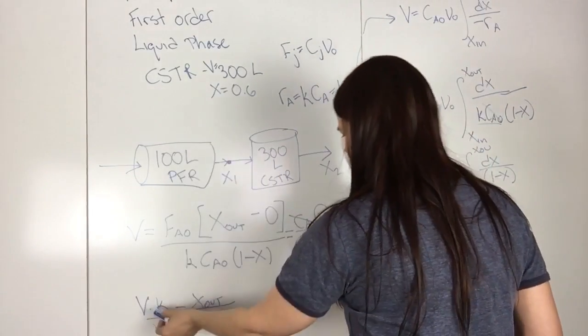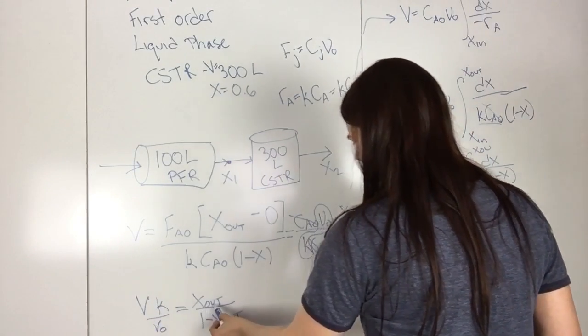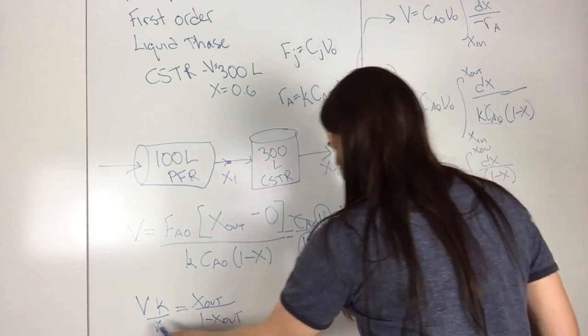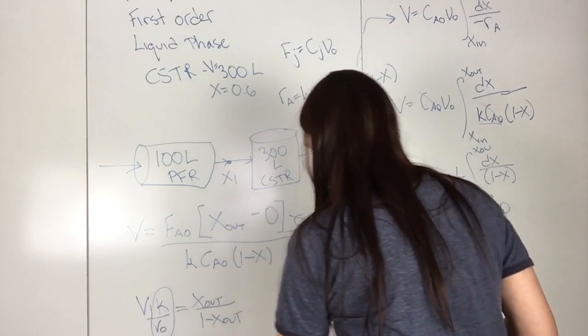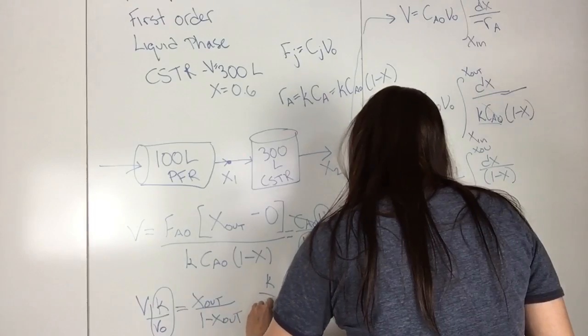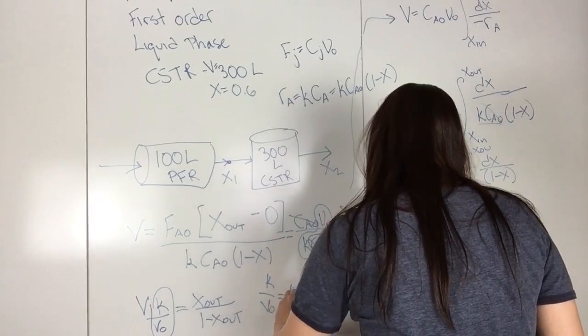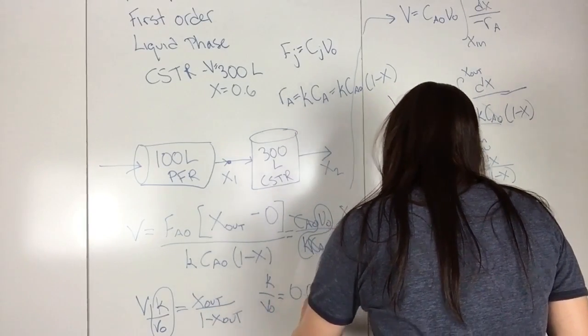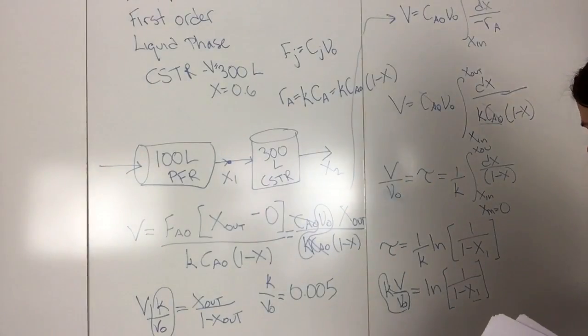So then we know the volume. We know it's 300 liters. We know that this is 0.6. So then we can solve for this. Doing that, we know that K over V naught is equal to 0.005.